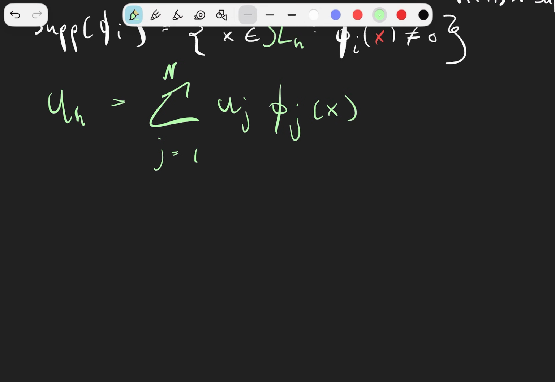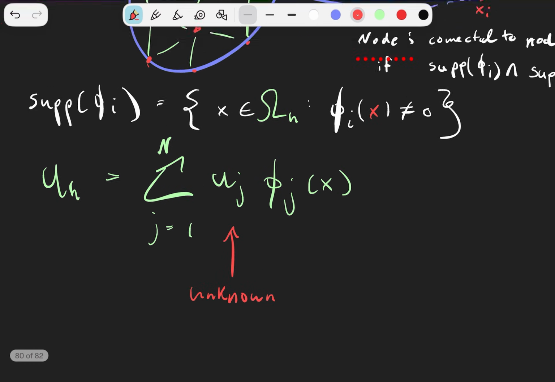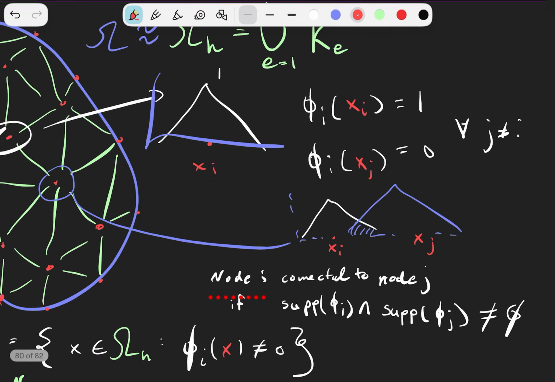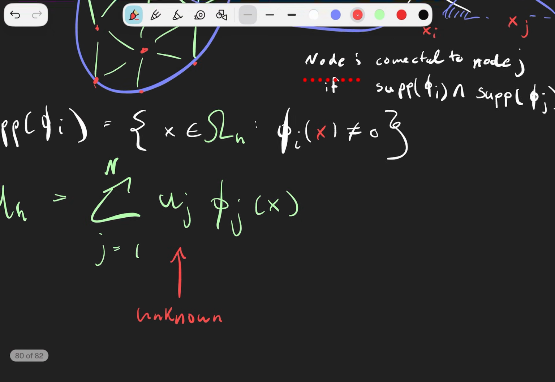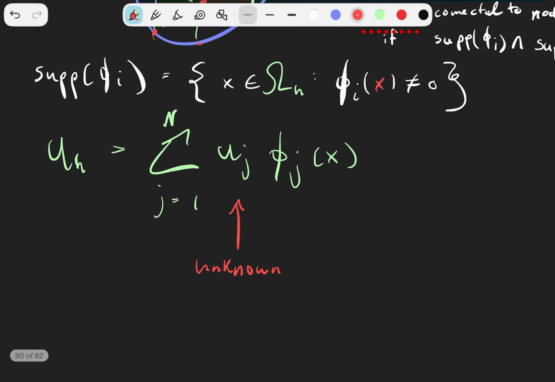But instead, the unknowns here are these coefficients. And the unknown really dictates the height of the tent. So of course, this is our basis, right? And however we're choosing to scale it, those eigenvalues are what we're trying to find.